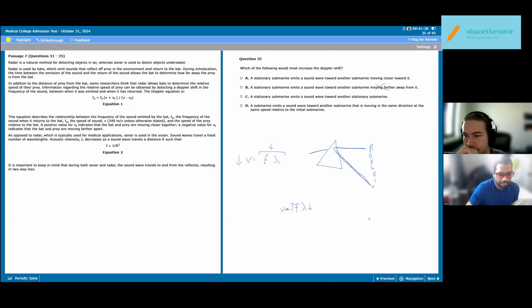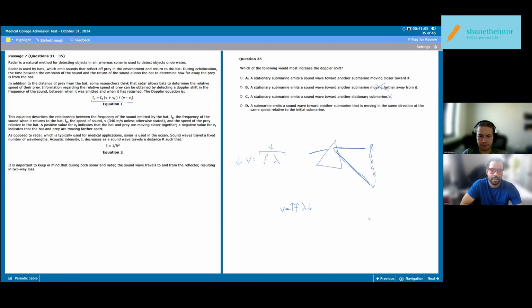If you did the equation here, the VT is going to be 0. So you're just going to get V over V, which is the speed of sound, and that will cancel, and FE will be equal to FO. So if they're stationary, Doppler is not going to play a role. There won't be any Doppler shift.